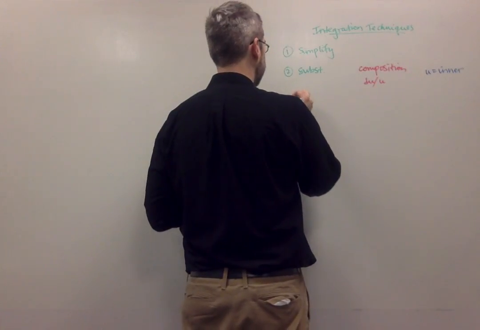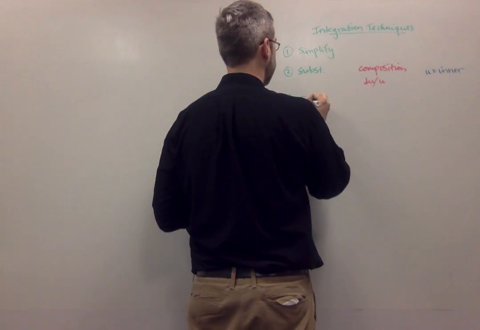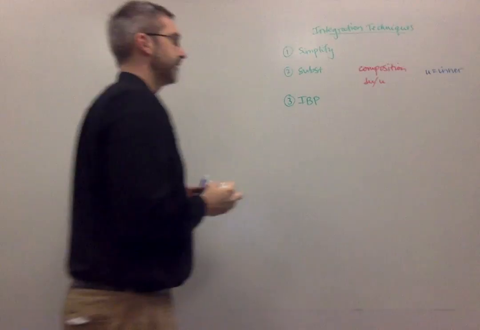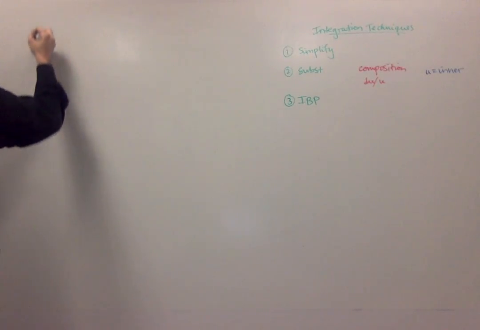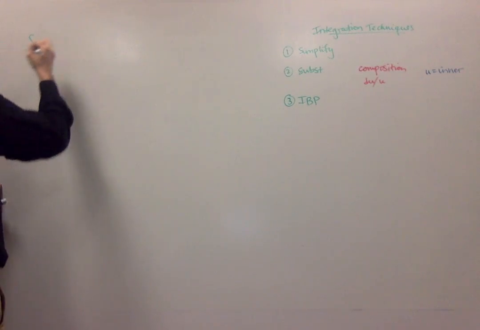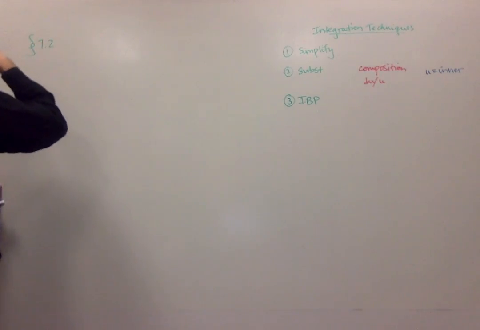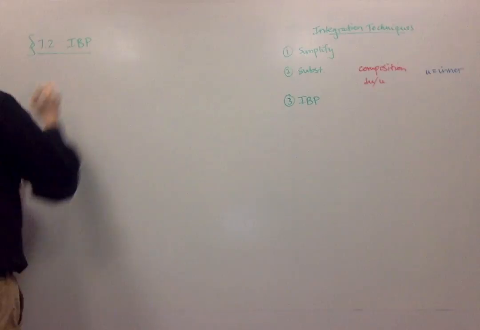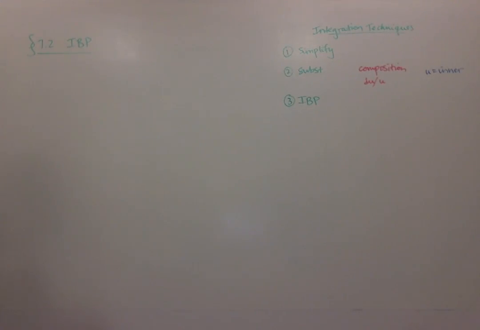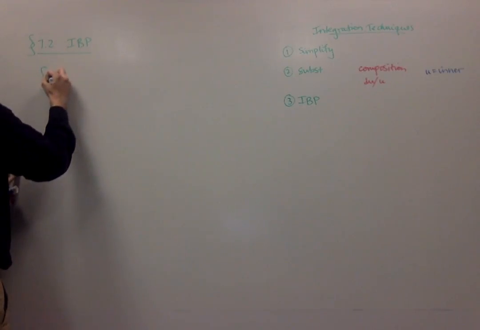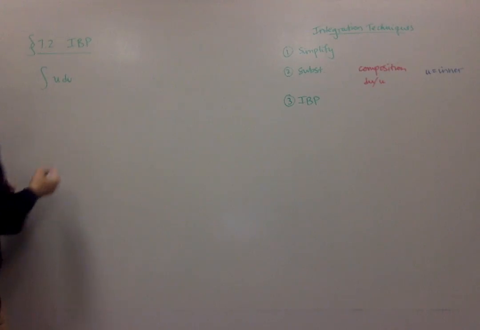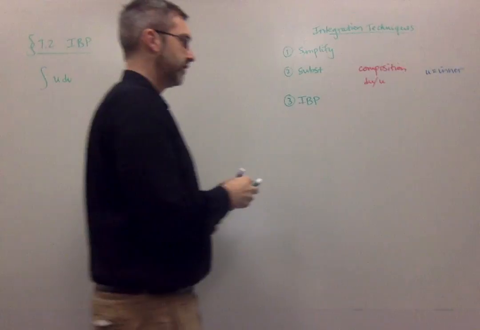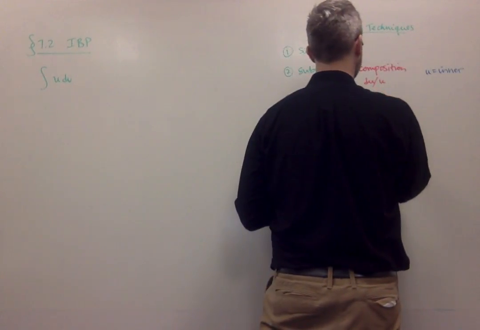So last time we talked about a new technique called integration by parts. I abbreviated that IBP. So again, this is 7.2, integration by parts. For integration by parts, the idea is we had an integral that was a product of two things, so we're generally looking for products here.